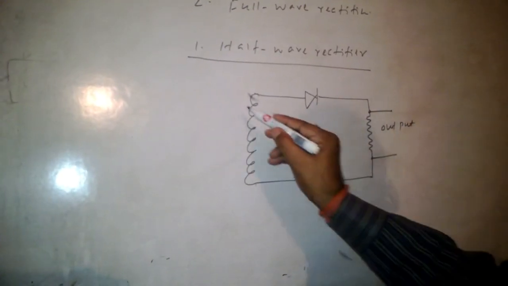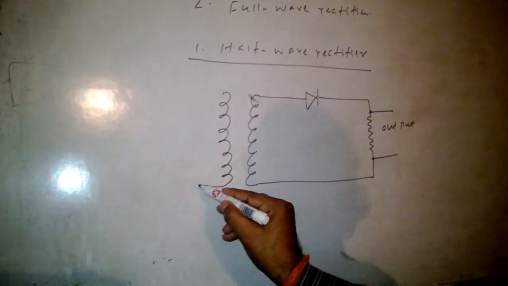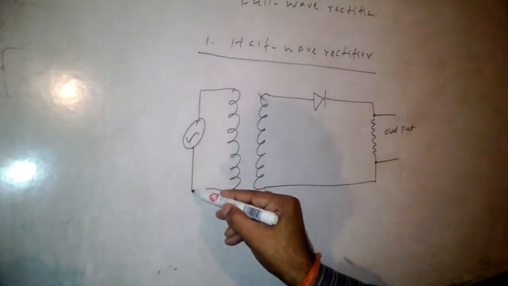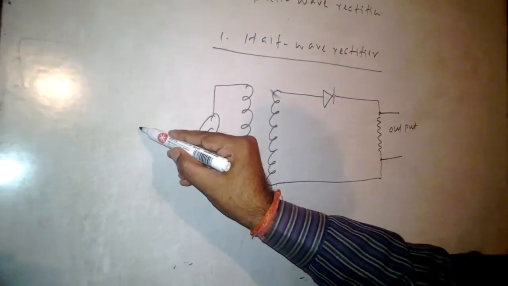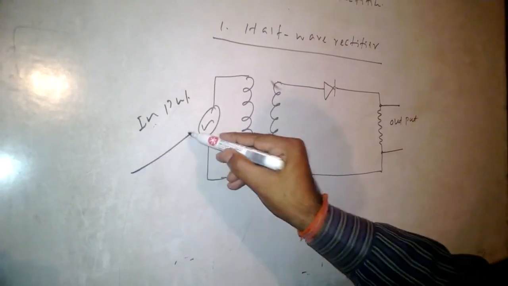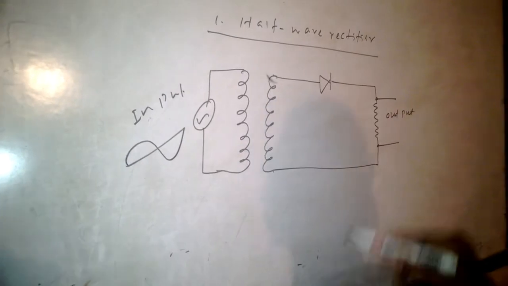The input signal which is to be rectified is connected with the primary of the transformer. It is taken as the input, also considered as input AC.